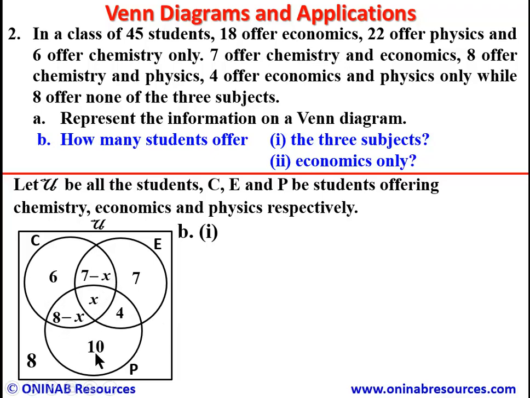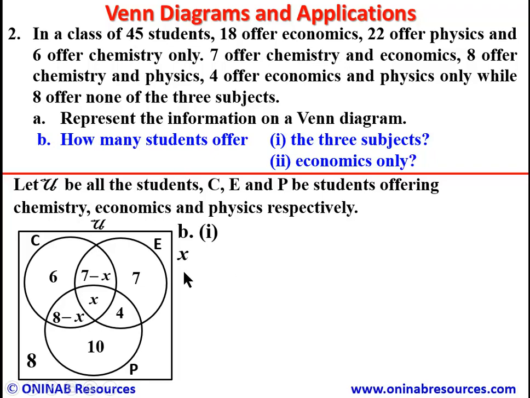Be informed that we have 8 groups of students here: those offering the 3 subjects, chemistry and physics only, chemistry and economics only, physics and economics only, chemistry only, physics only, and economics only, including those offering none of the 3 subjects. If we add all of them, it gives the number of students in the class.